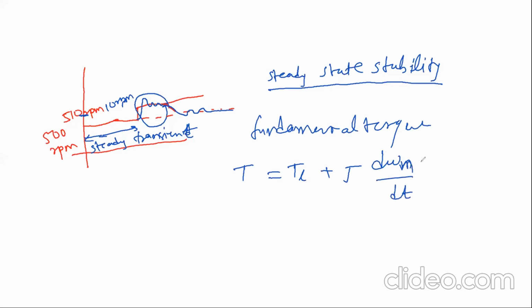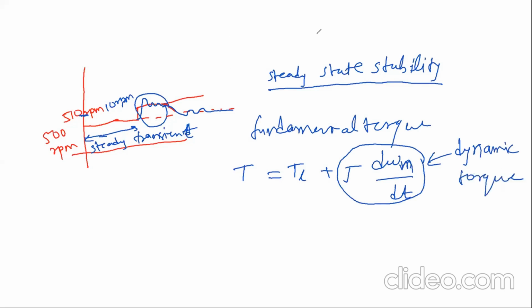This last term is the dynamic torque. d omega m by dt is nothing but a change in speed, which means dynamic torque is present only when there is a change in speed.